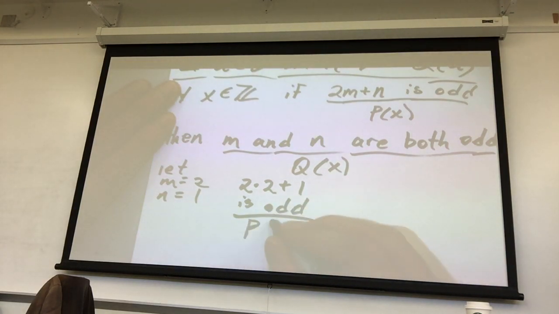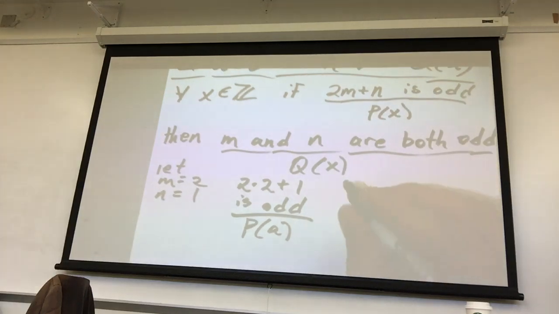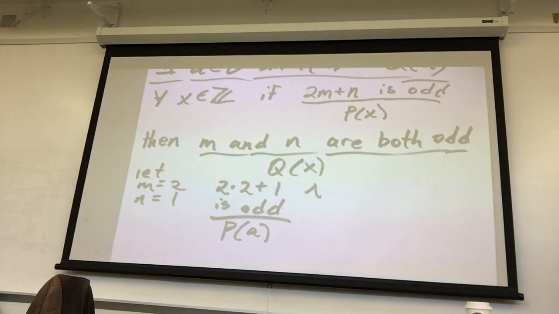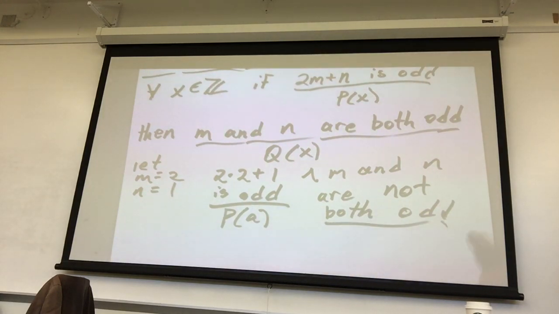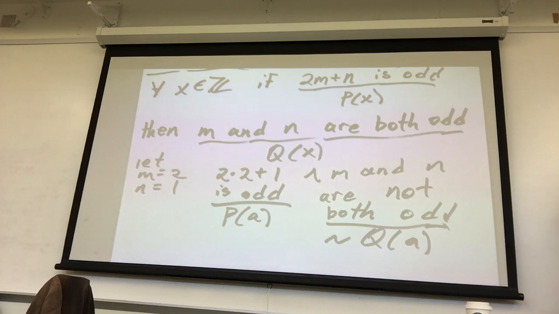That's my P of A. And then, using the actual symbol, m and n are not both even. Now this statement right here is the negation of Q of A, because m is 2, so m is obviously even.